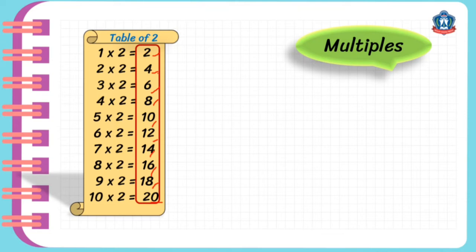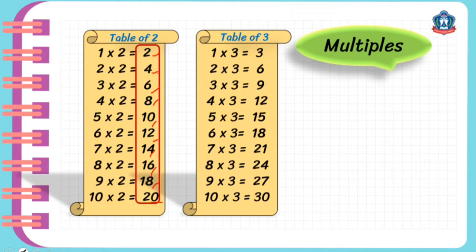All of these numbers are multiples of 2. Another is the multiplication table of 3, and the numbers inside the red box are the multiples of 3. We have 3, 6, 9, 12, 15, 18, 21, 24, 27, and 30.